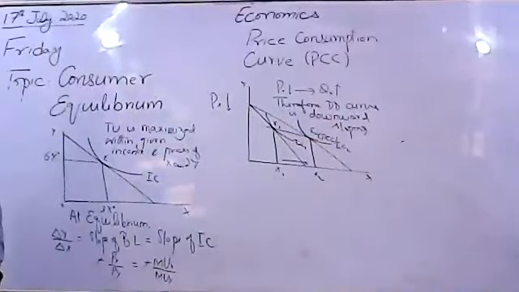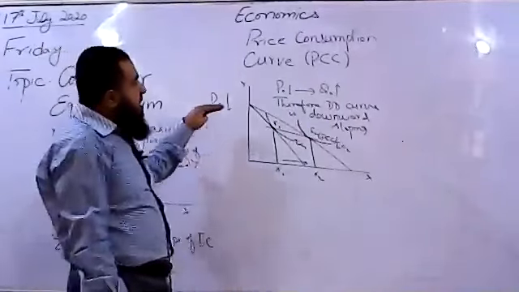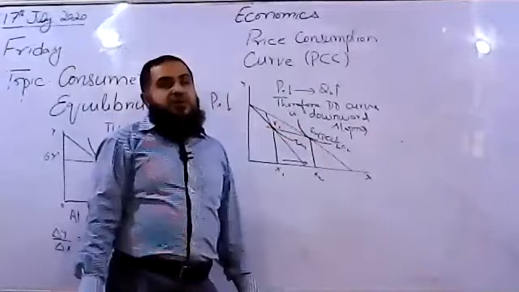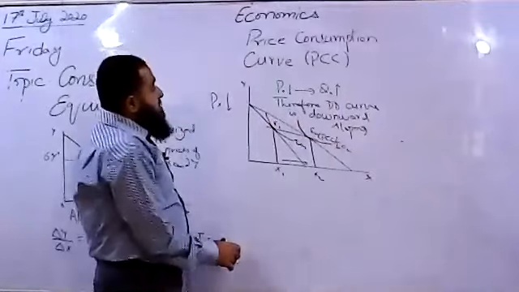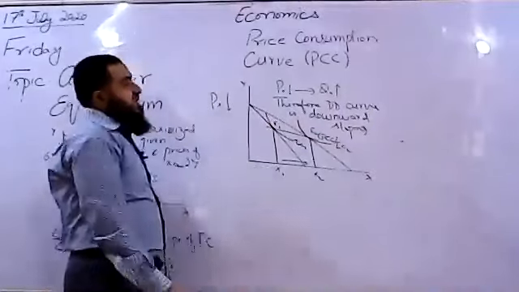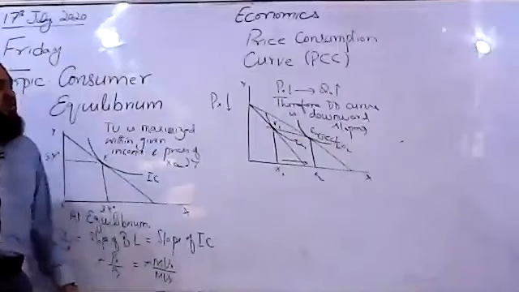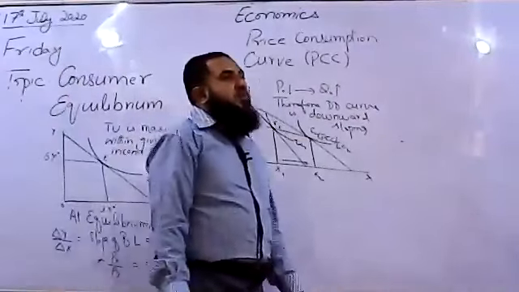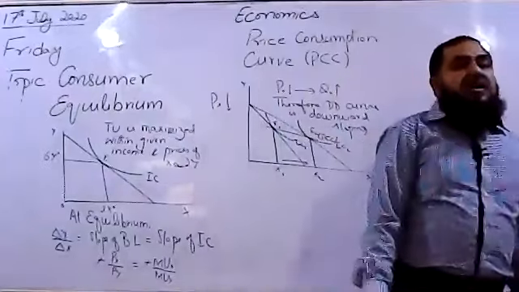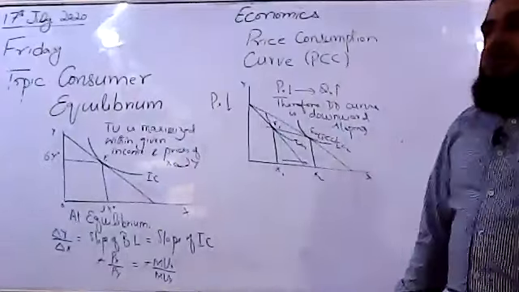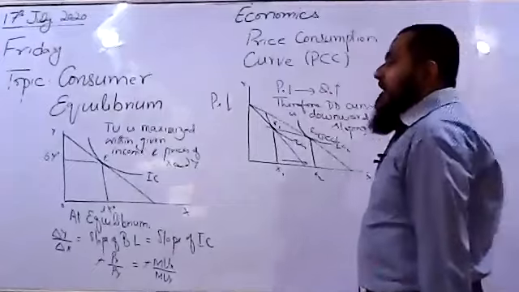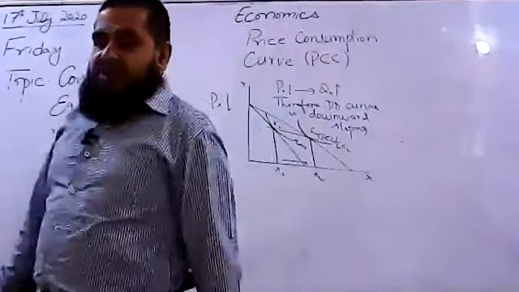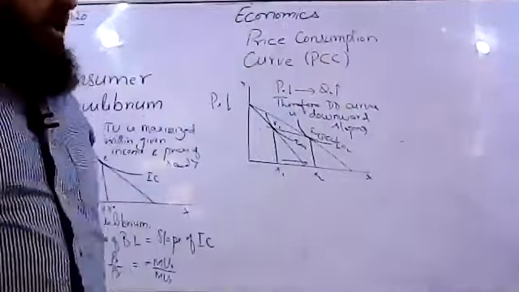The price consumption curve of a normal good is now downward sloping. So we say when price goes down and the consumption of X increases, this is a normal good. And if price decreases and the consumer also buys less of a commodity, that could be called a Giffen good. I will give you the example and the diagram later on.